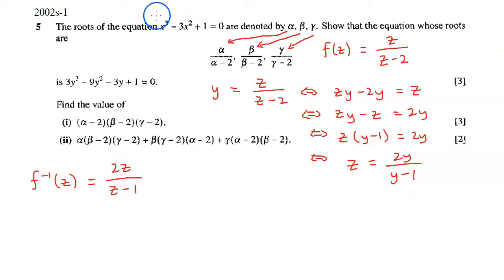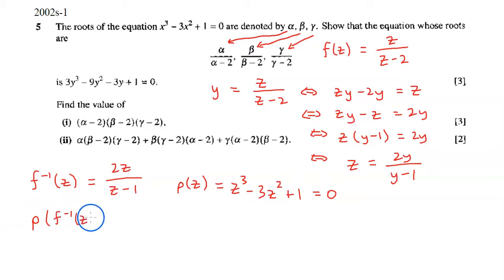And if this is our polynomial, p of z equals z cubed minus 3z squared plus 1, and if that's equal to 0, then we know that p of f inverse of z is also equal to 0 for z equals alpha, beta, and gamma.